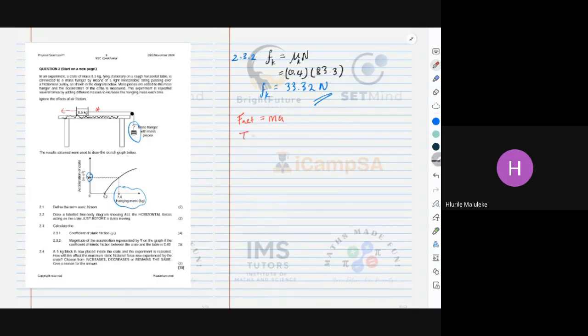So we said tension is plus minus Fk in this case, because now we're starting to move. So it's going to be Fk, and then equals ma. We have this kinetic friction, so we can say minus 33.32 equals, the mass is, don't mix it up. This mass is not for this box here, it's for this hanging mass. So you can say here 8.3 times acceleration.